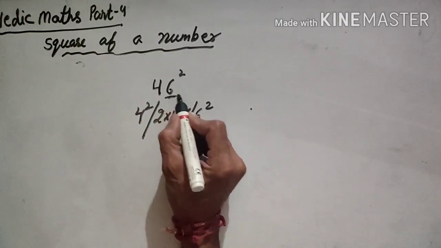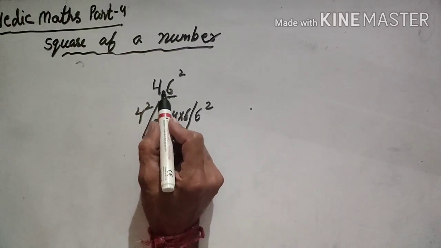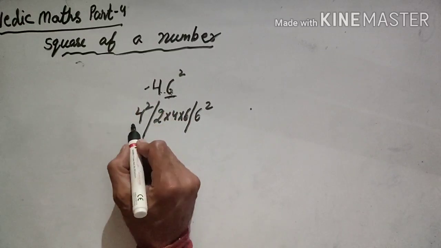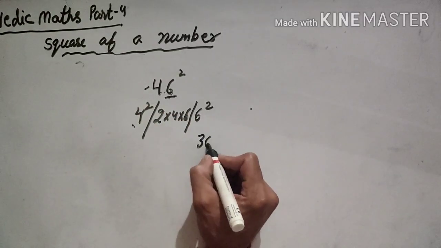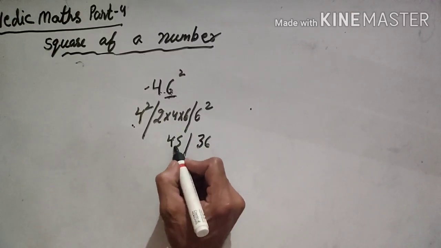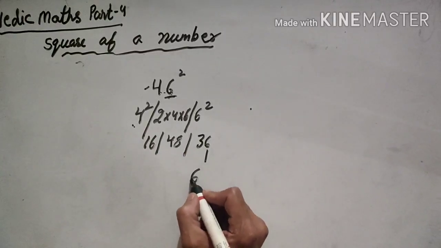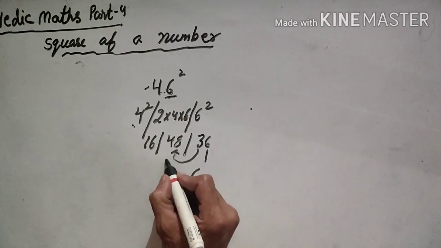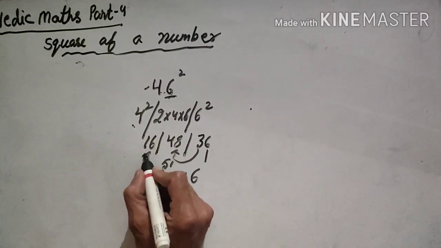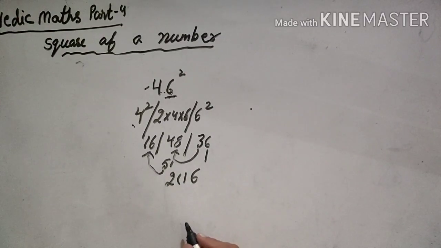First square of this digit, then product of these two numbers with 2, means 4 into 6 into 2, and then square of this digit, 4 square. Now 6 square is 36 and 8 6s are 48 and 16. Now take this digit 6, 3 carry to this, it becomes 51. 51, 1 take and 5 carry, that is 21. 2116.